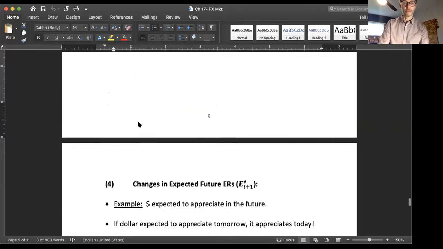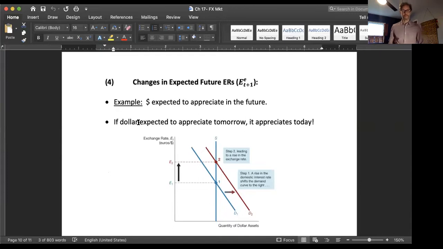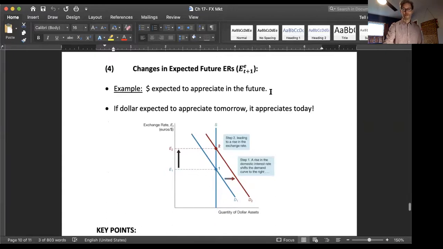And then finally, future changes in exchange rates impact today's exchange rate, right? So let's think about this example. Suppose that in the future, the dollar's expected to appreciate. Well, if you think the dollar's going to appreciate in the future, what are investors going to want to do?